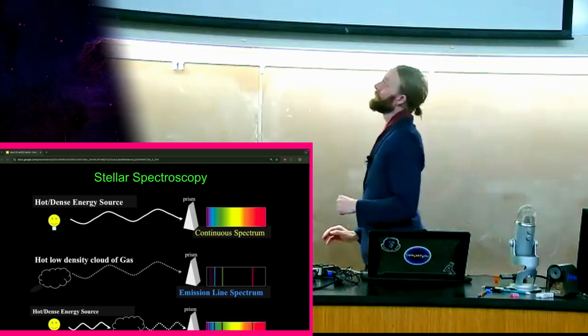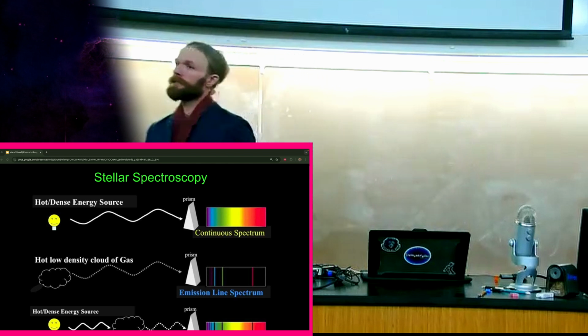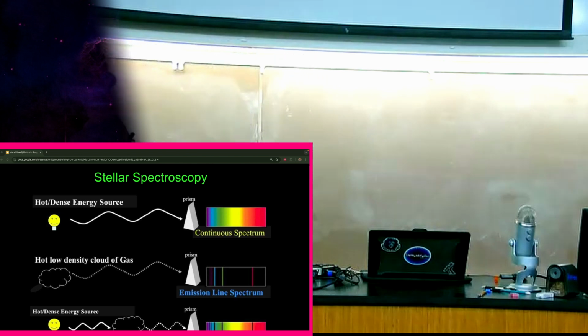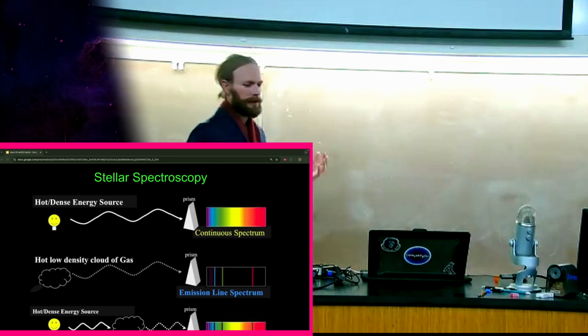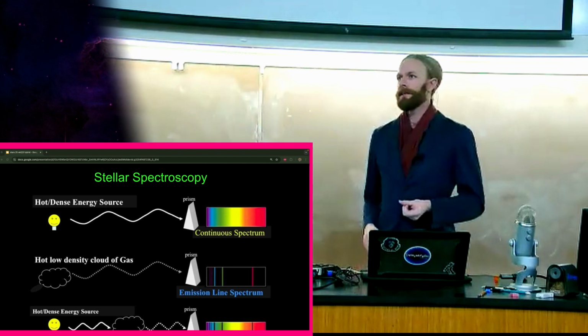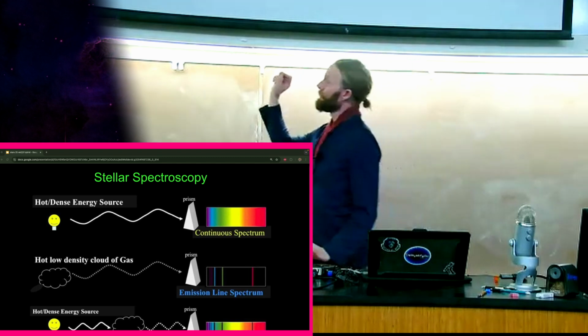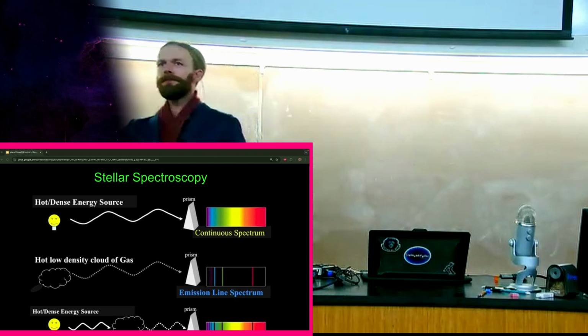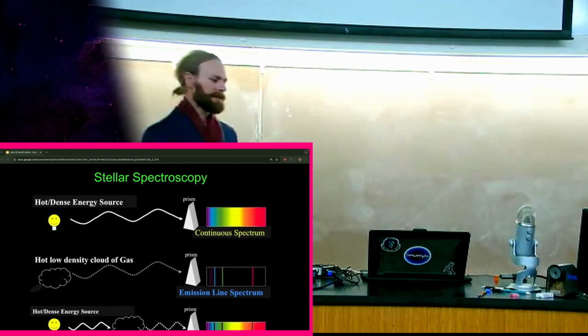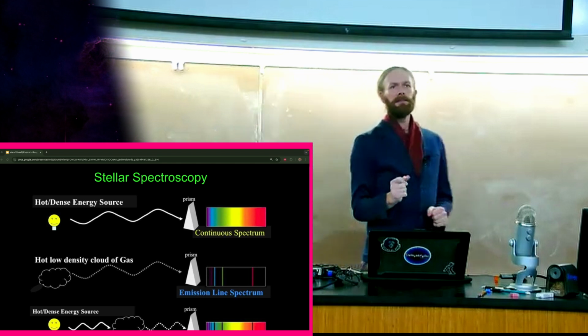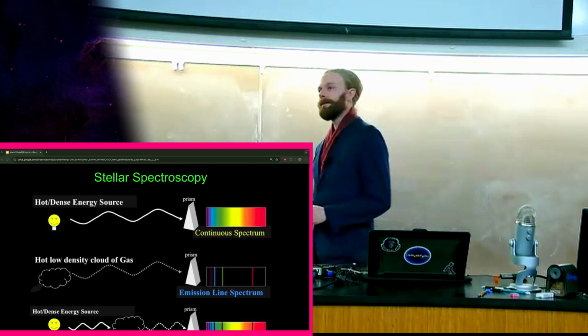The next thing that we do is this stellar spectroscopy, which we talked about a little bit, which is really just pulling out the different lines from the surface. Now, this can be really useful because it turns out that those lines that we see in the surface are going to change depending on the motion of the star.